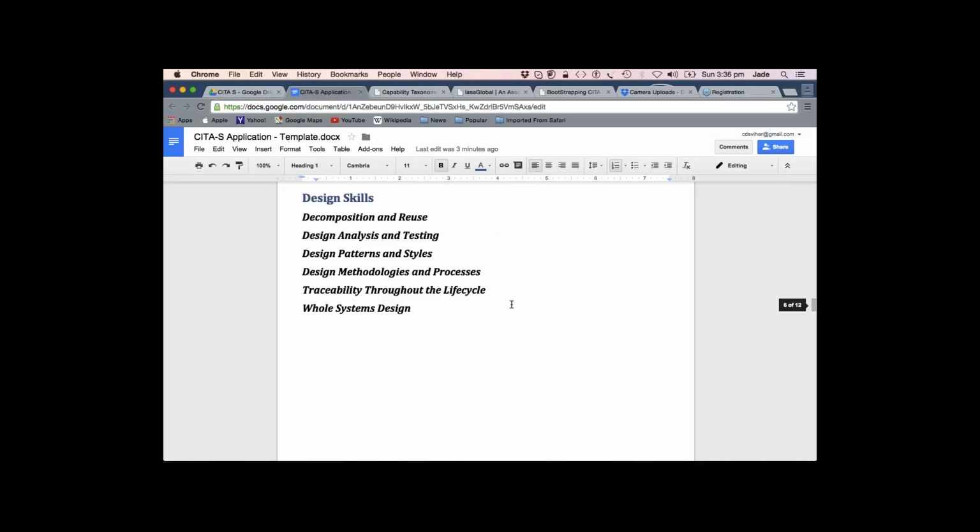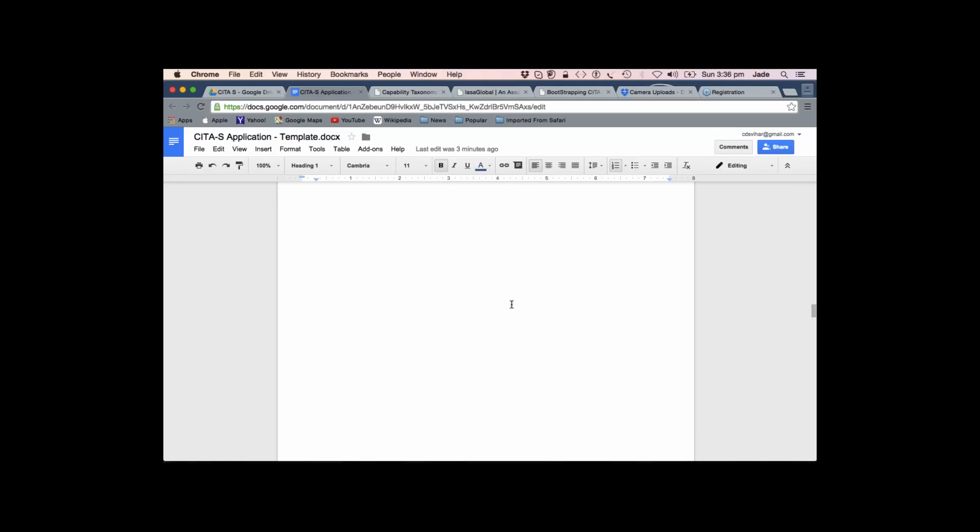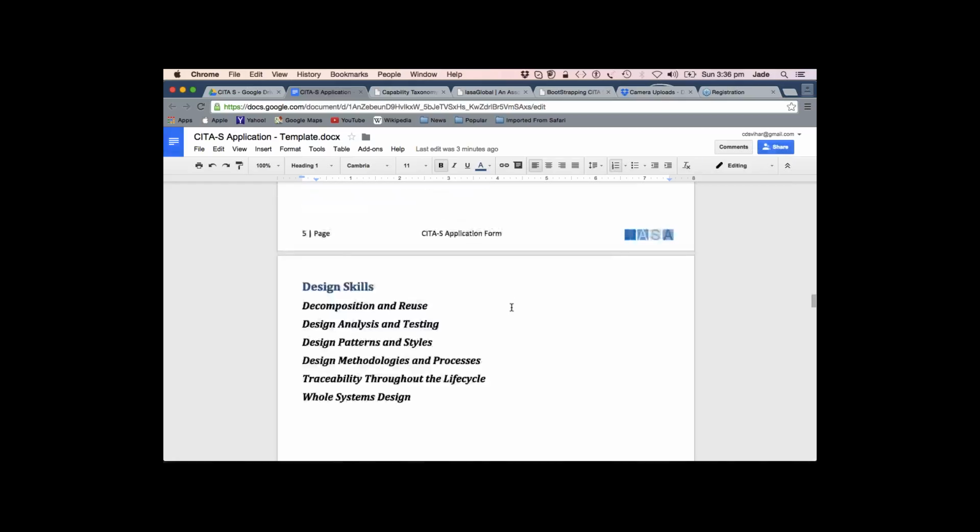We also have design skills, with sub capabilities like decomposition, design analysis, design patterns. My question to Sagar is, do we have to elaborate based on one or two generic cases that we have done in our past? How did we apply these things, or how does it go?